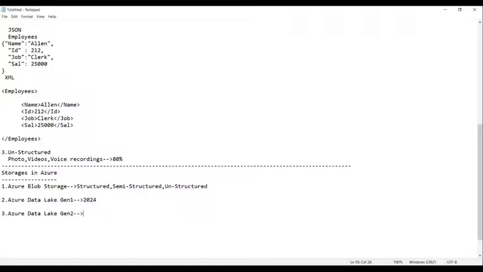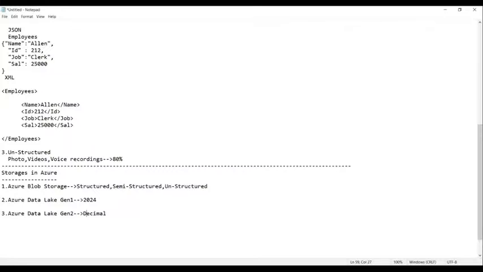Suppose we have data here in decimal, and in the source, decimal is accepted.